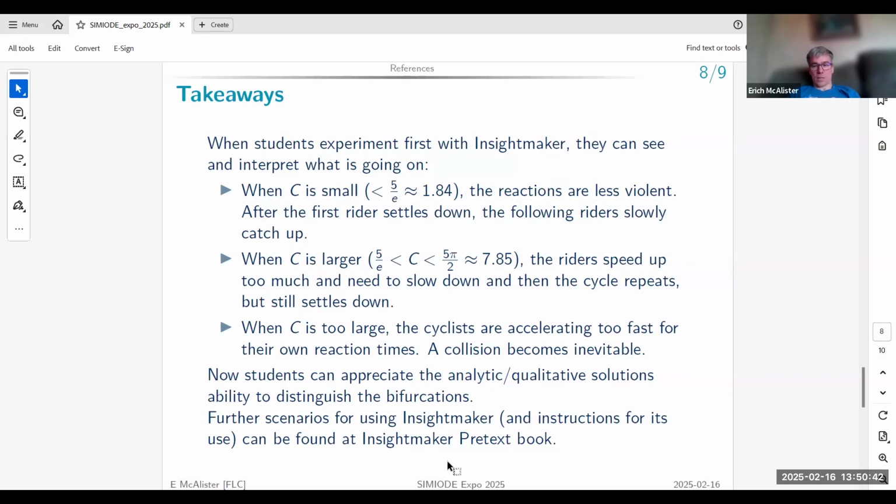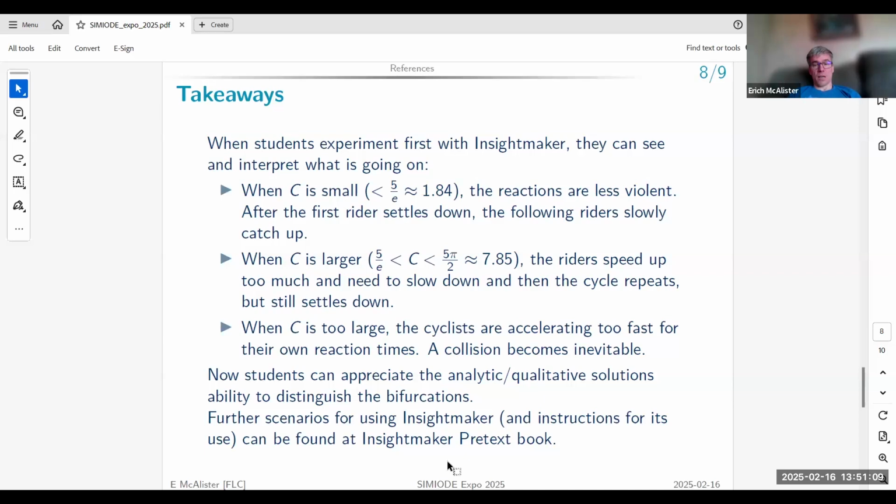After the first rider settles down, the riders following just catch up. If C is moderate, the riders react a little too much, then they need to slow down and then speed up, but it still settles down. If C is too large, the acceleration is too violent for their own reaction times.